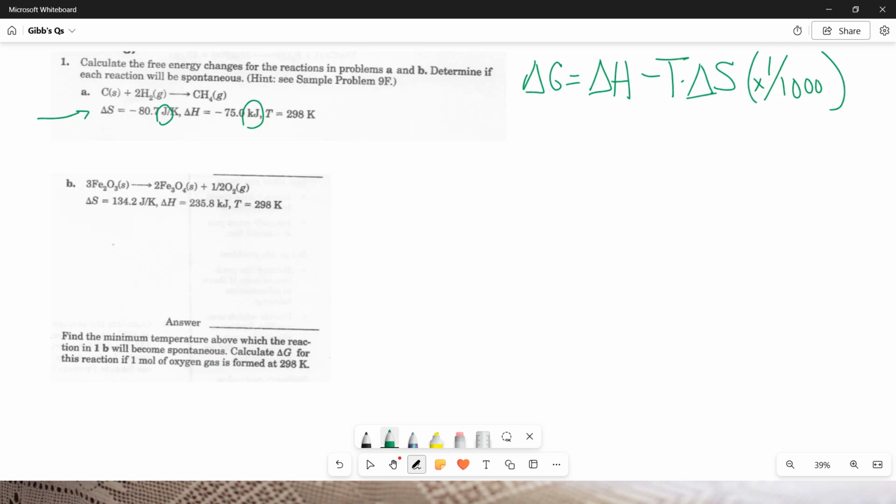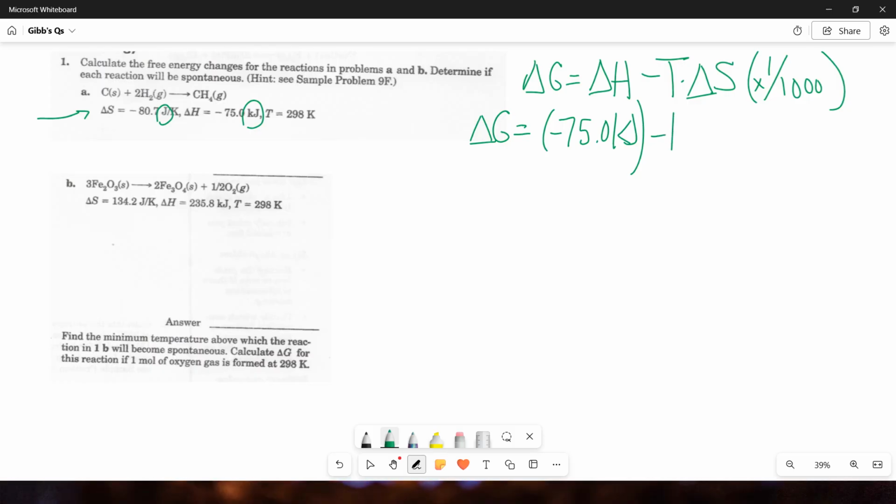Okay, so let's go ahead and plug in the values for this problem. So the delta G in problem 1A, the enthalpy is going to be a negative 75.0 kilojoules, minus the temperature, which is in Kelvin, 298 K, times the entropy, which is negative 80.7, and it's in joules per mole K. So that's why we need that 1 over 1,000 on the end.